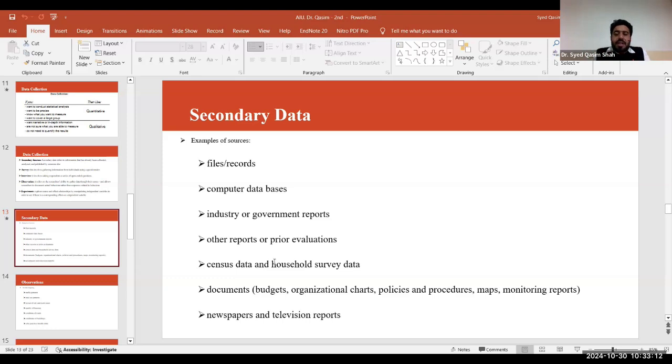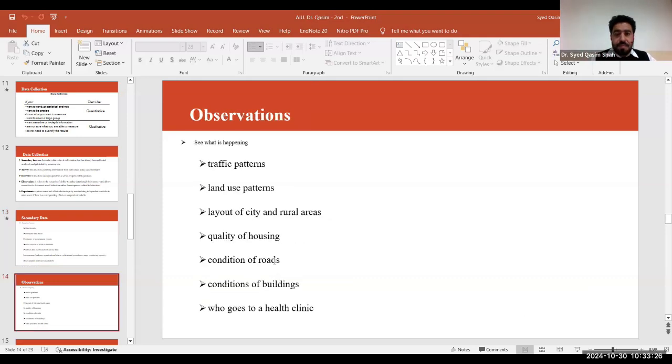So it depends on the research question, what is the most relevant. If I'm doing research on, let's say, the census or budgets or economic aspects, obviously I'm going for secondary data.